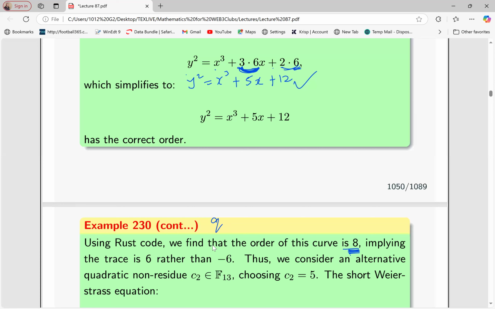A number mod 13 that has no square root. At least you can use the Rust code we had earlier for getting numbers that have square roots and those that do not. Let me just share that again as a reminder.